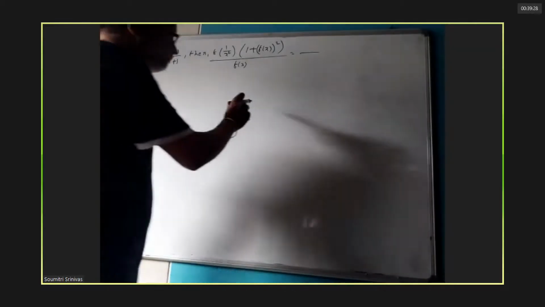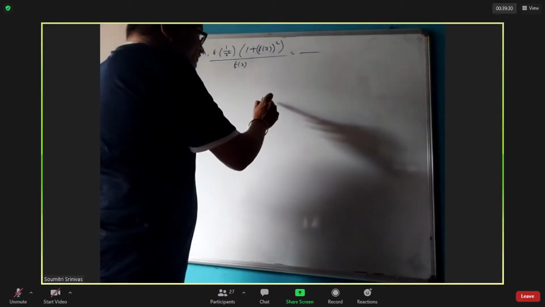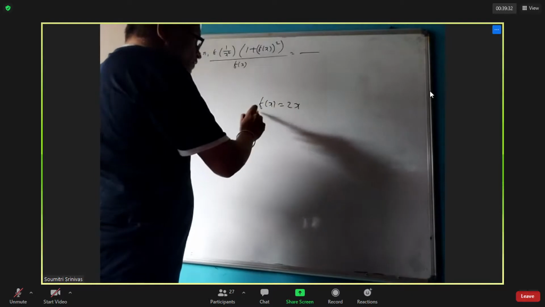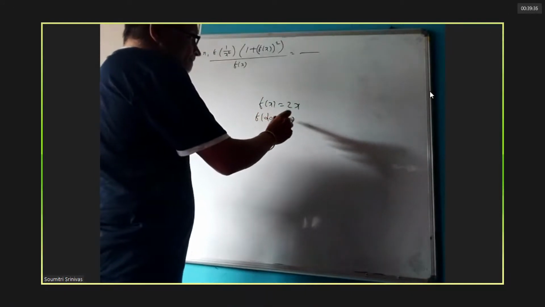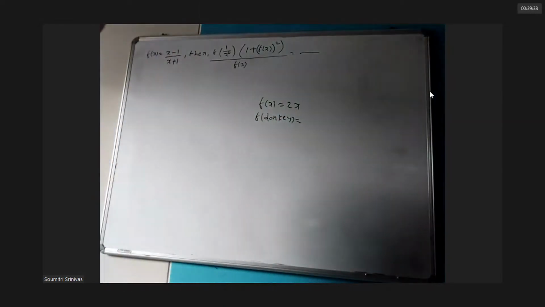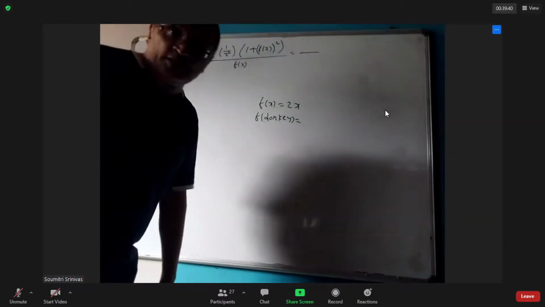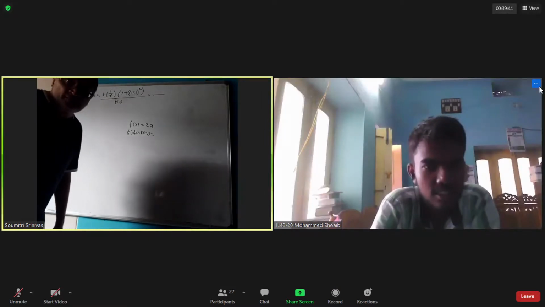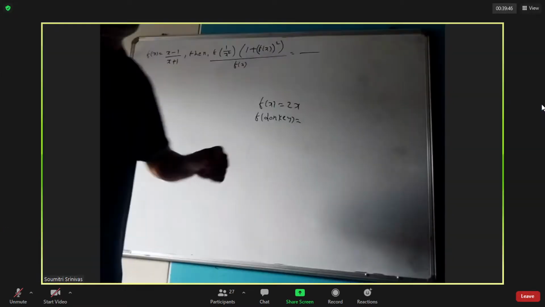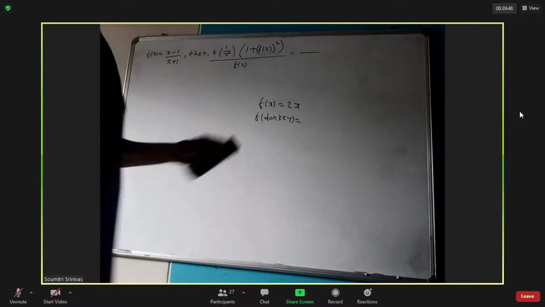Look here. Pay attention. If f of x is 2x, what is f of donkey? Two donkey. What is f of 2x? Two donkeys, same logic. Come on. What will be f of 1 by x square?